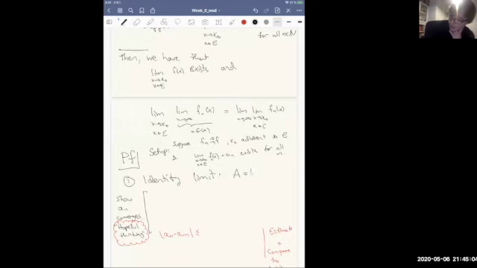First, show that a_n converges by showing that it's Cauchy. So we have to find an N such that if n and m are bigger than that, we're good.